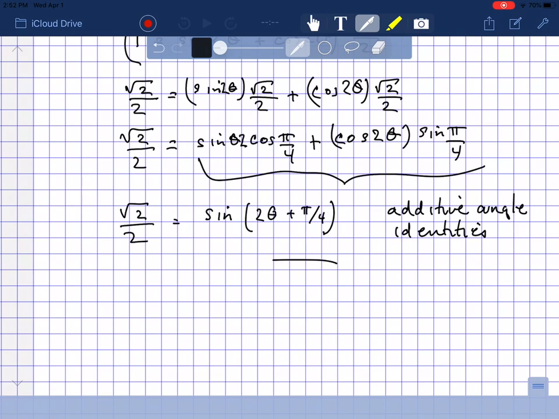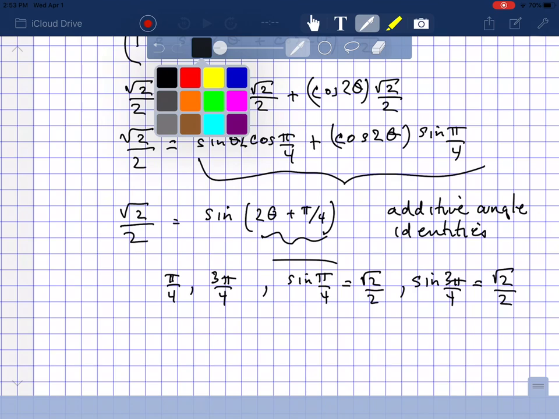Well, okay, so I'm looking for some angle such that the sine of that angle is equal to the square root of 2 over 2. What do I know? Those angles are going to be pi over 4 and 3 pi over 4. All right, so again, the sine of pi over 4 is equal to the square root of 2 over 2, and the sine of 3 pi over 4 is equal to the same.